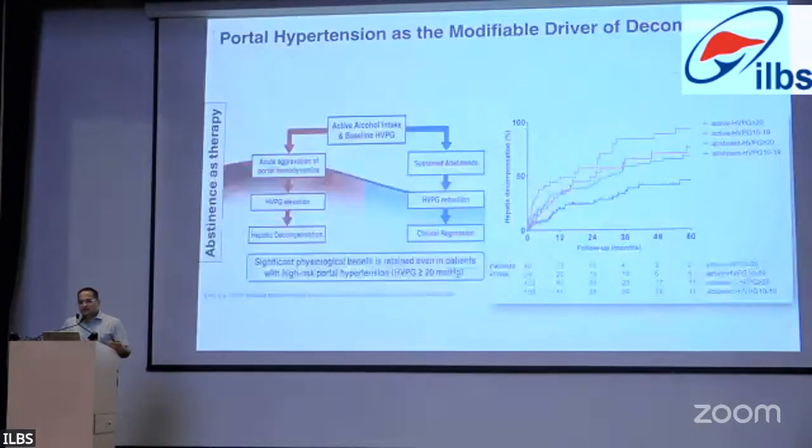Abstinence is helpful in both conditions. Patients who are abstinent with HVPG of 10 to 20, or even beyond 20 mmHg, also have better survival with abstinence. So abstinence is helpful with both low pressures and high pressures, in advanced disease patients as well.